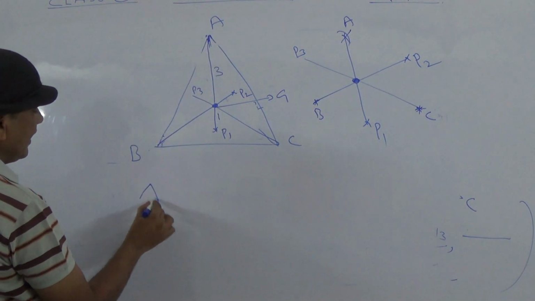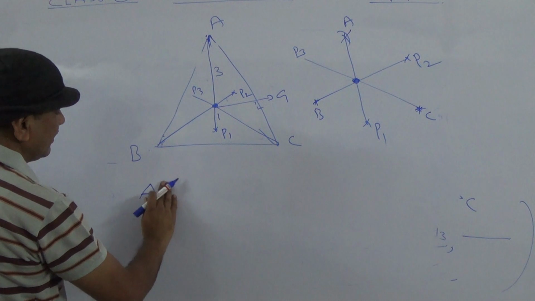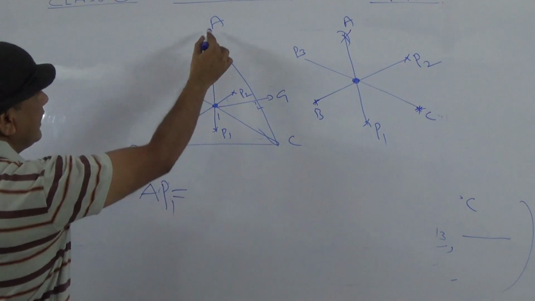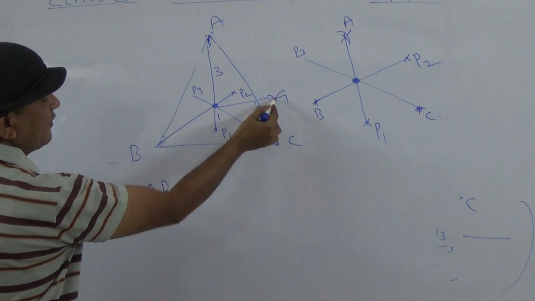Now from this, AP1 is equal to AG plus GP1, where G is the centroid of this tetrahedron.